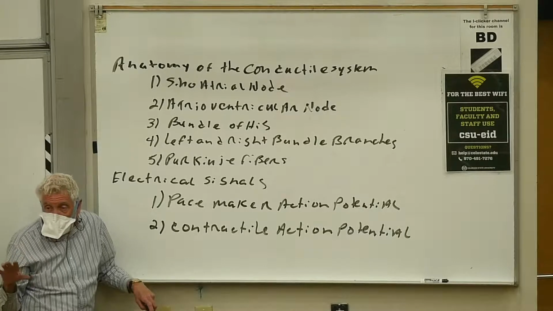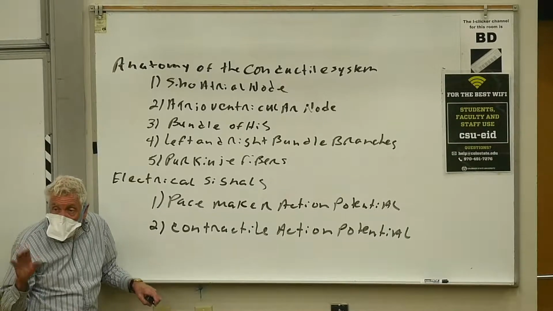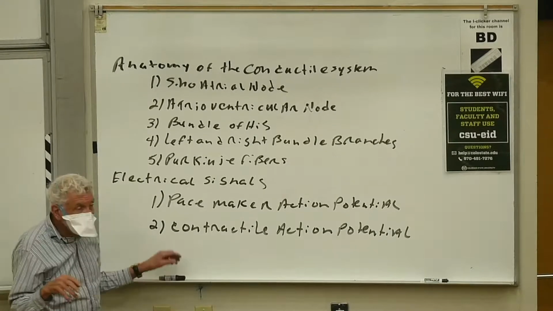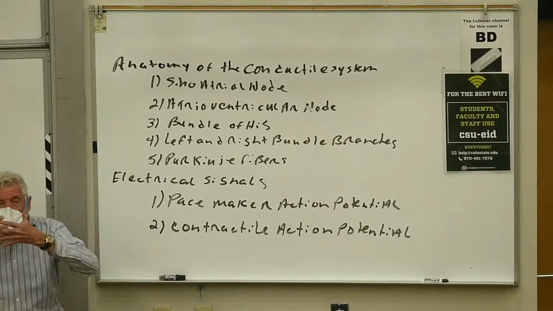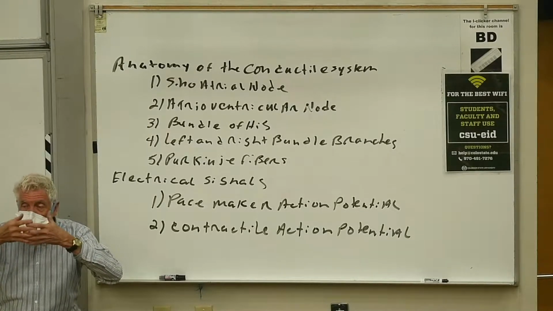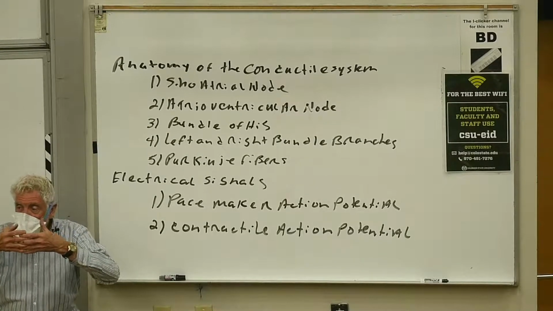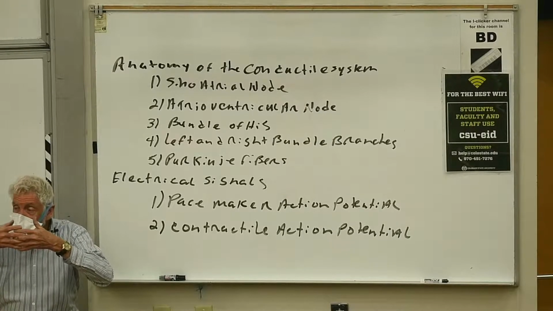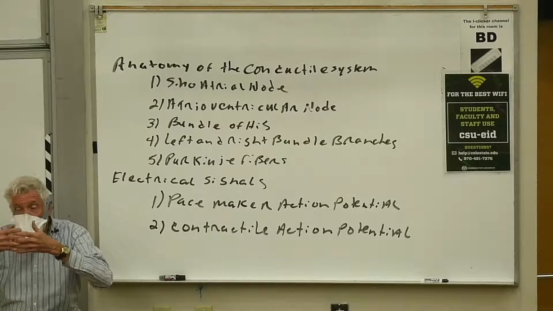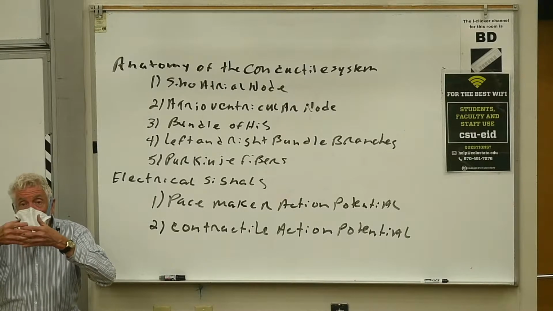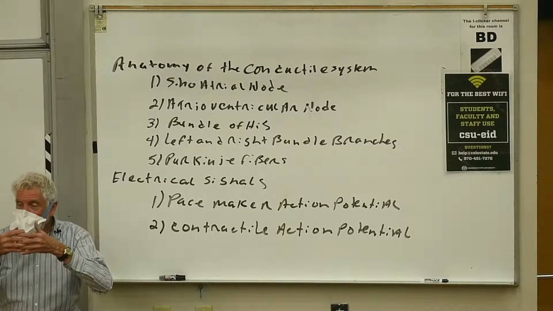Now we'll see as we work our way through this that for both the conductile cells and the contractile cells, one of the hallmarks of their structure is that these individual cells at their ends have their plasma membranes interdigitated. They're going to interdigitate at places called intercalated discs. And when we look closely at the intercalated discs, we find that they will connect these cells. Whether we're talking about conductile cells or contractile cells, at the intercalated discs, individual cells are linked by gap junctions.